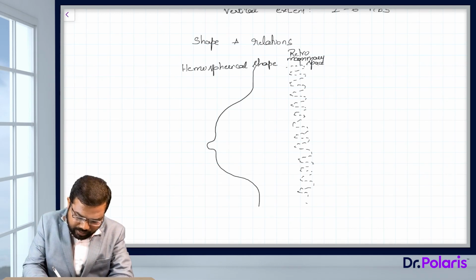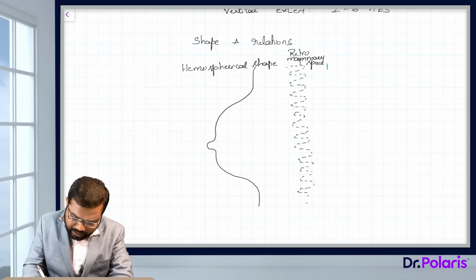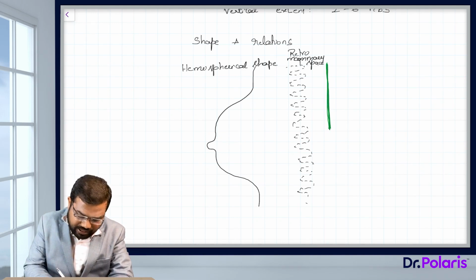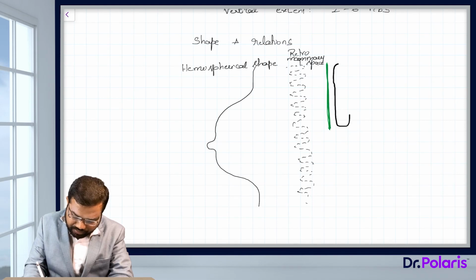And behind the retromammary space, there is a fascia called the pectoral fascia, which is a deep fascia modification. And deep inside, there is another muscle called the pectoralis major.